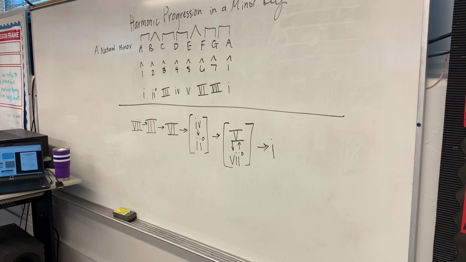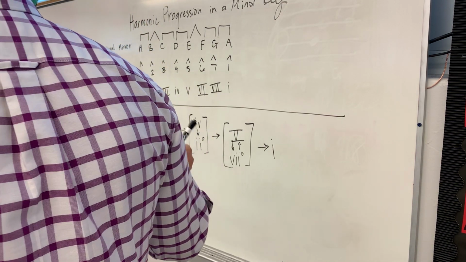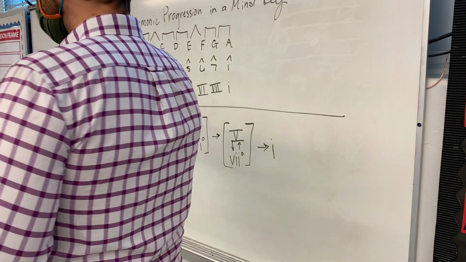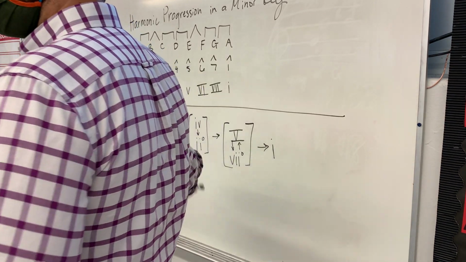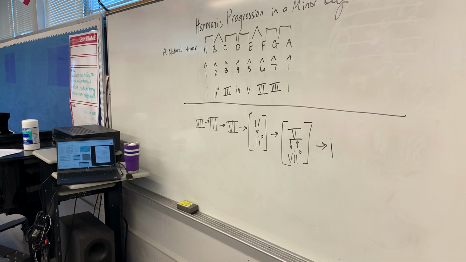Okay, now let's talk about this bracket here. I think we have enough time, we might be able to get into this. Why would we have things that are unnatural to the key in that bracket? Because when we're composing in harmonies, Roman numerals imply that there is a chord, right?